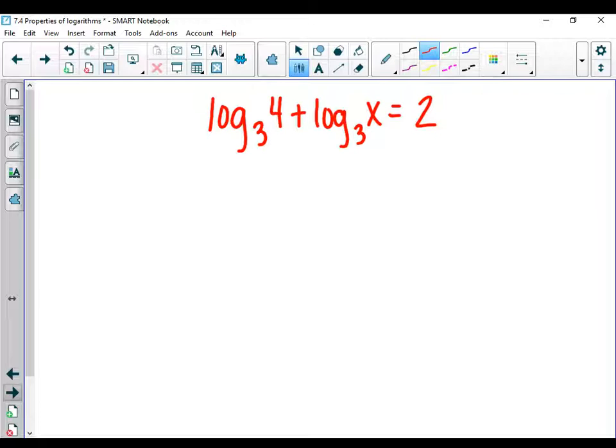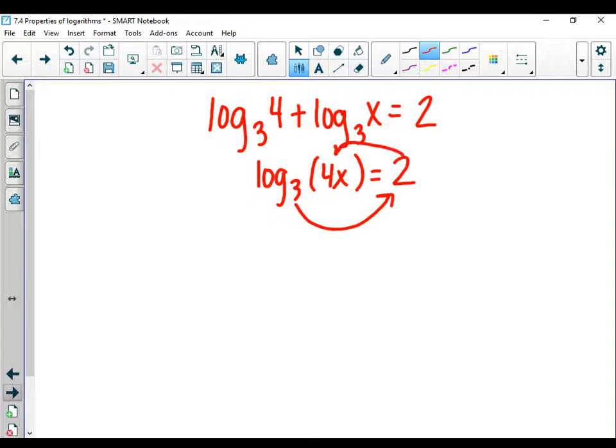Why would we want that? Because then I can go around the world. If I've got multiple logs, I condense them down to one logarithm, then the log disappears and I can solve for x. So I can condense this, and then go around the world. So 3 squared gets me 4x, the logarithm's gone, and my answer would just be 9/4.